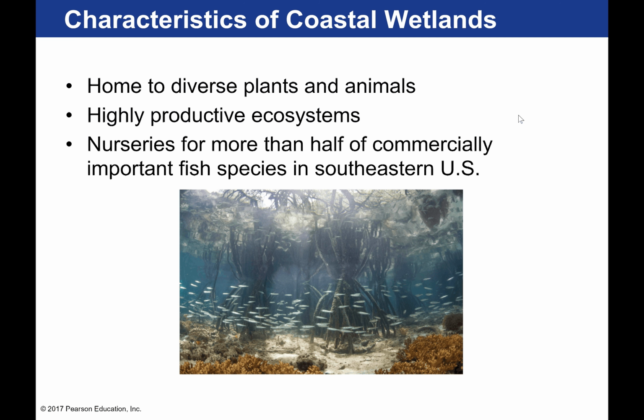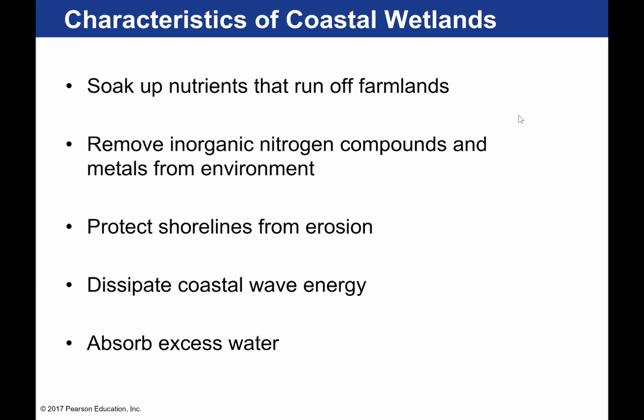Wetlands are home to diverse plants and animals. They're some of the most highly productive ecosystems on Earth and have really great economic benefits when they're undisturbed, especially for fisheries. They're nurseries for more than half of the important fish species in the United States. Wetlands are important because they can soak up nutrients that run off of farmland and down rivers that would be harmful if they reach the coastal waters.